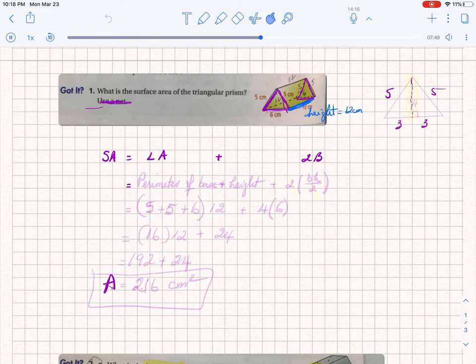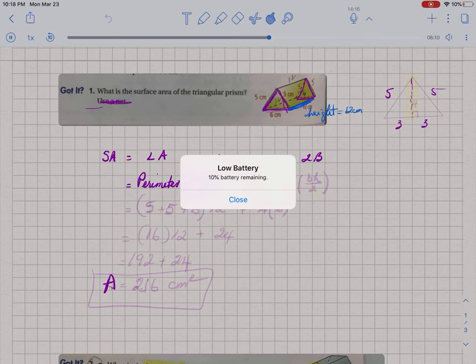Remember what we said earlier? The lateral face is going to give you the perimeter of the base, and then you times it by the height.